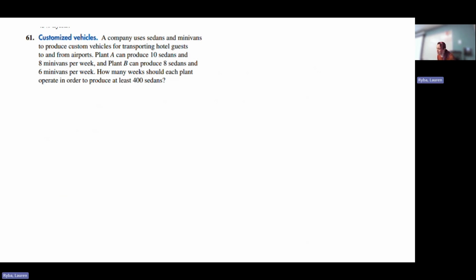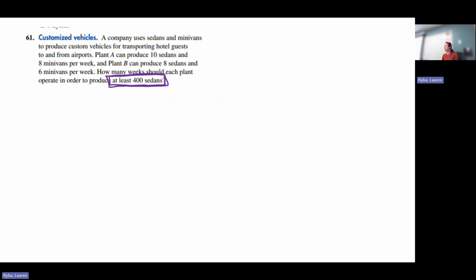All right, let's see this guy. A company uses sedans and minivans to produce custom vehicles for transporting hotel guests to and from airports. Plant A can produce 10 sedans and 8 minivans per week. Plant B can produce 8 sedans and 6 minivans per week. How many weeks should each plant operate in order to produce at least 400 sedans?